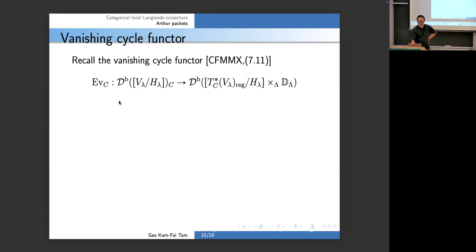I won't give the actual construction, but I just say this is a functor from the bounded derived category of the stack V_λ mod H_λ with support on C to the derived category of the regular part of the conormal bundle over H_λ, but you put a disk over the scalar field.